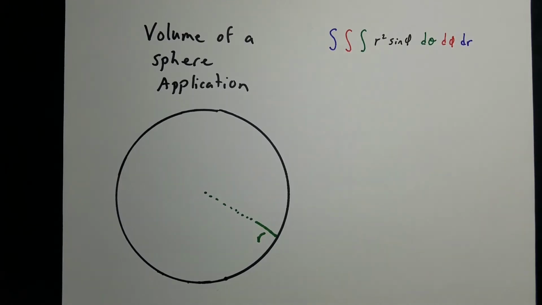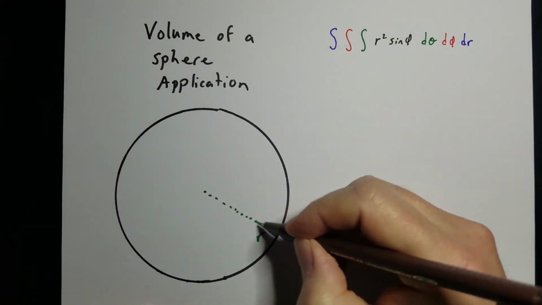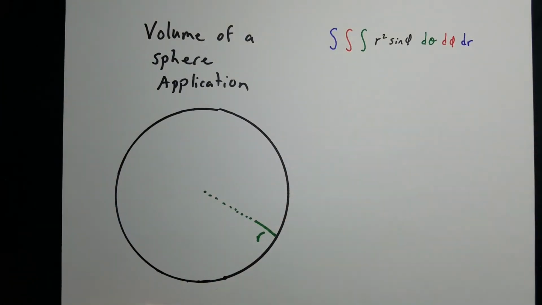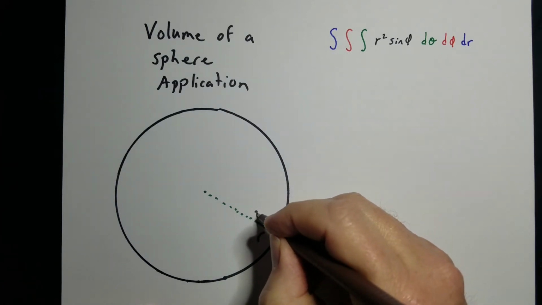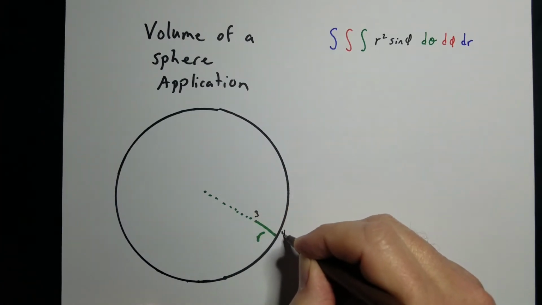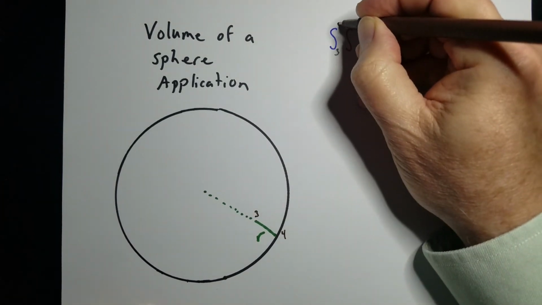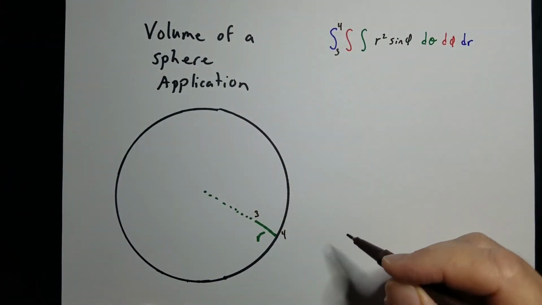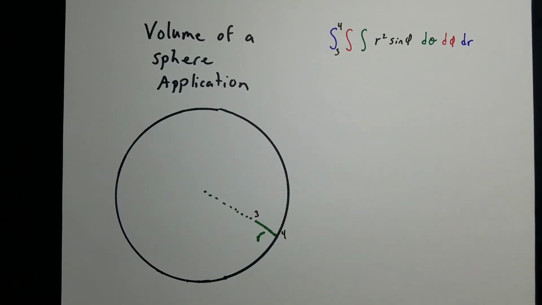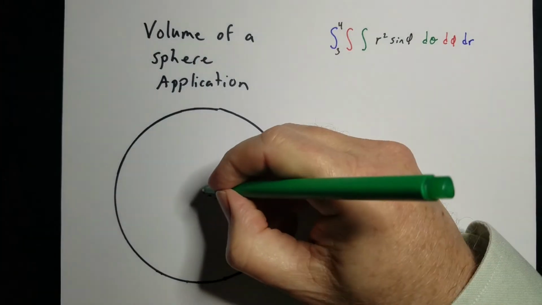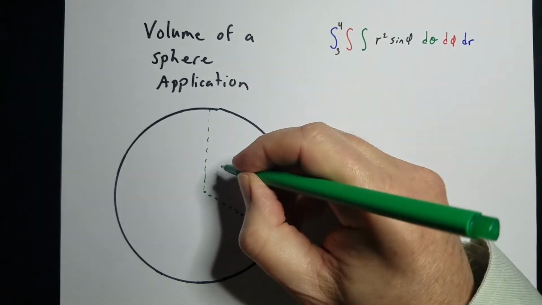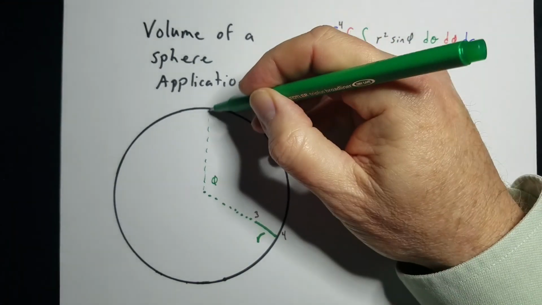And so let's say, instead of saying I want the entire radius, I just want this part right here. So let's say this is from 3 to 4 units. So for r, we're going from 3 to 4. And let's say I just want phi to be from here all the way down to here.